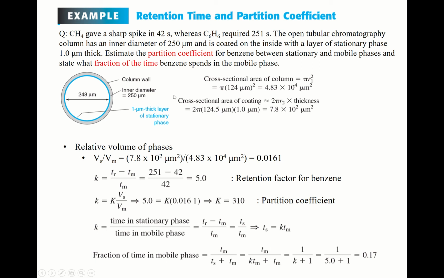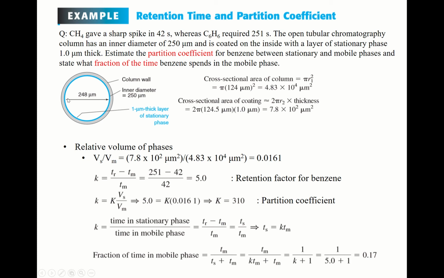Anyway, it is a thin tubular column, and the inner diameter is 250 micrometers. But the 1 micrometer thickness is for the stationary phase.